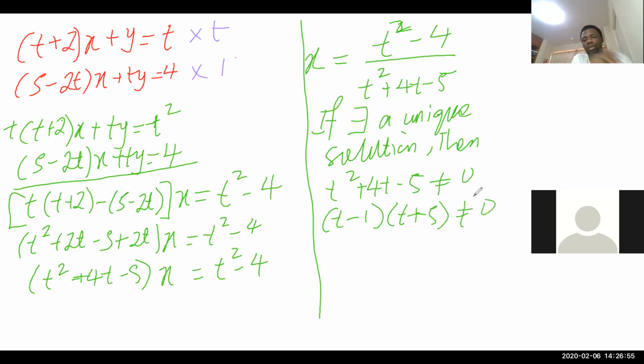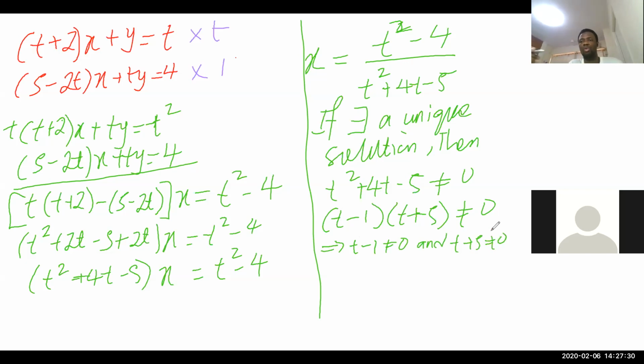To be 0. If this product cannot be 0, then it means both factors are not 0, not either. Okay, does everybody get that? If this product is not 0, it implies that t minus 1 is not 0 and t plus 5 is not 0.